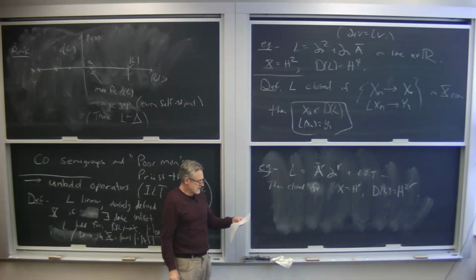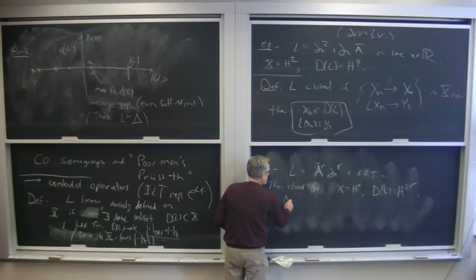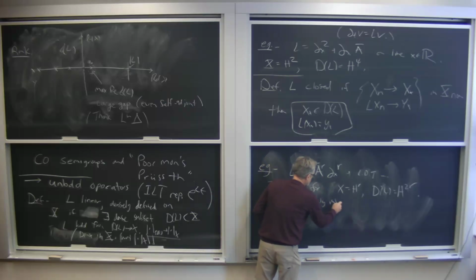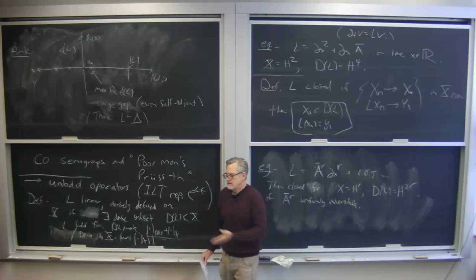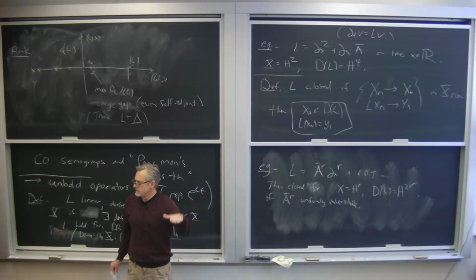And okay, so if A R bar is uniformly invertible. So if we have a non-degenerate Rth order operator, it's always going to be closed from the obvious spaces.